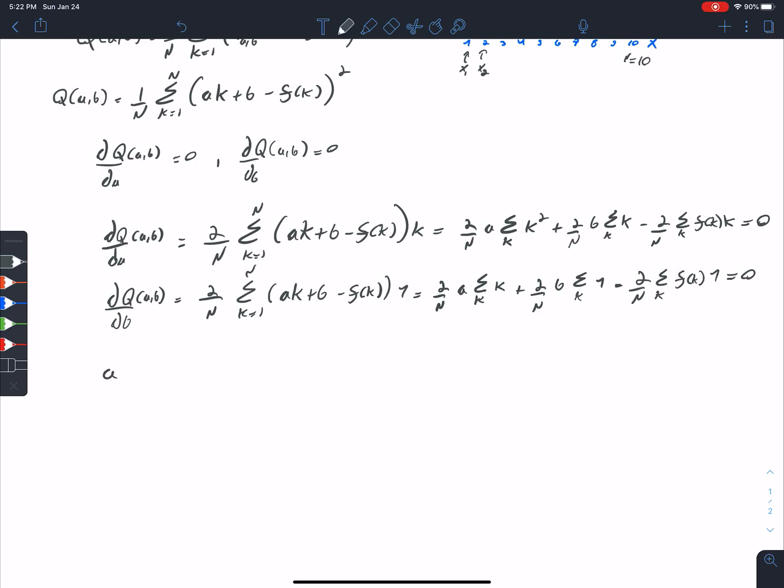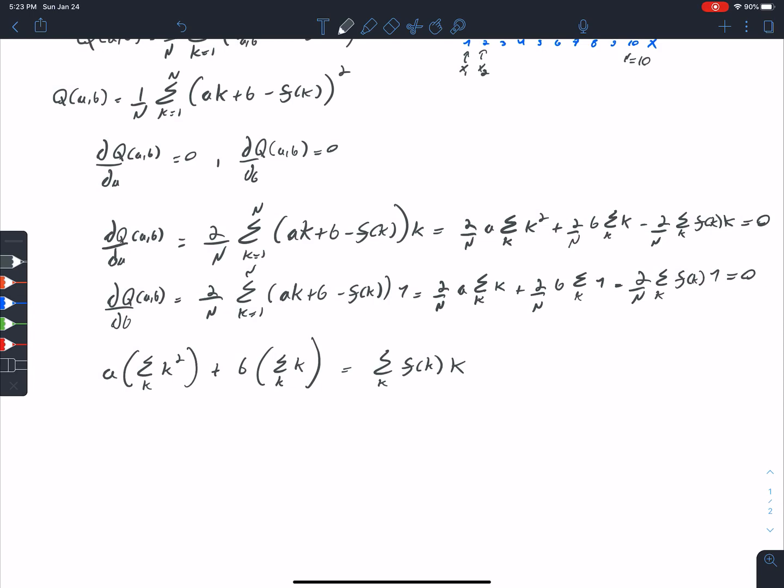a times, I'll put this in parentheses here, sum over k, k squared, plus b, and I'll put in parentheses sum over k of k. This is going to be equal to sum over k fk times k. And let's do the second equation now.